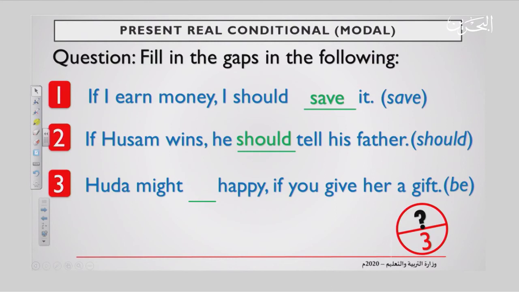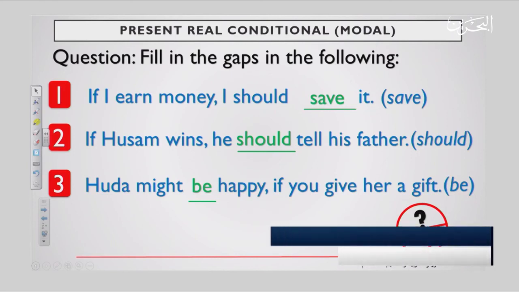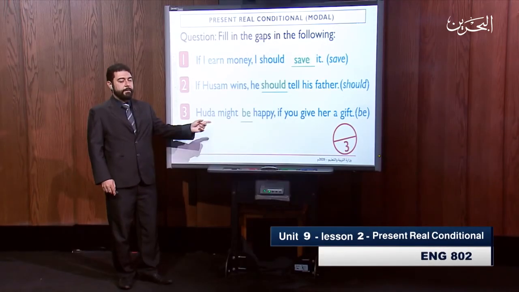All right, let's take a look. Huda might be. Be is a base form of the verb be. Be comes in 3 forms, is, am, and are. After might, you change it to the base form, which is be. Give yourself a mark of 3.